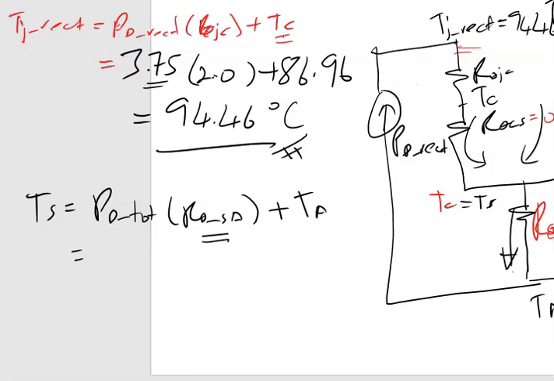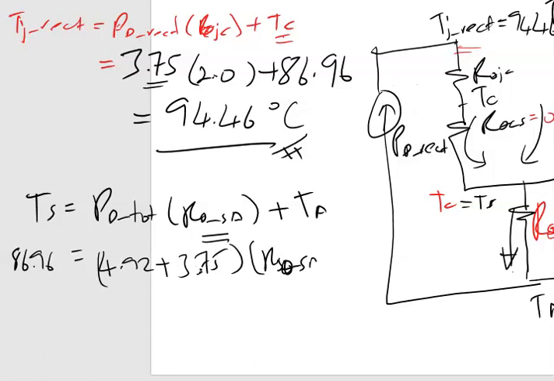So TS now we have 86.96 degrees C. PD total is 4.92 plus 3.75, which we calculated just now. Thermal SA is the unknown this time.